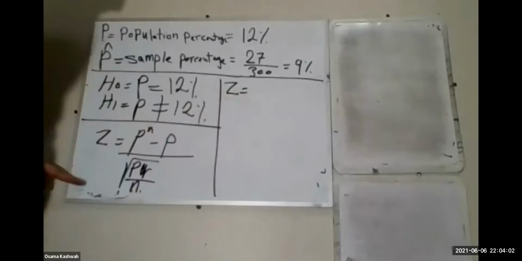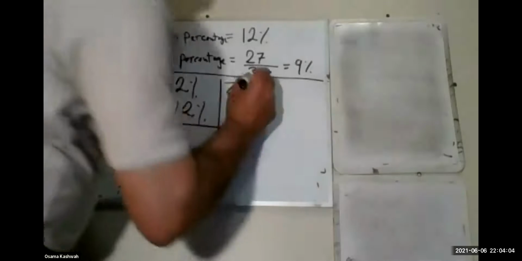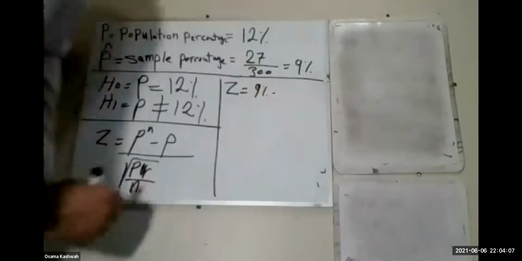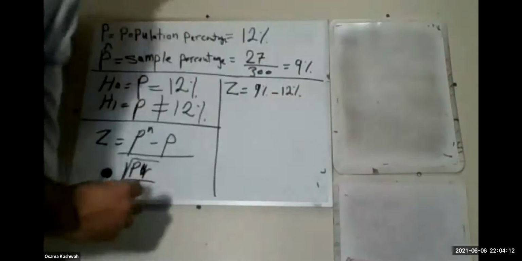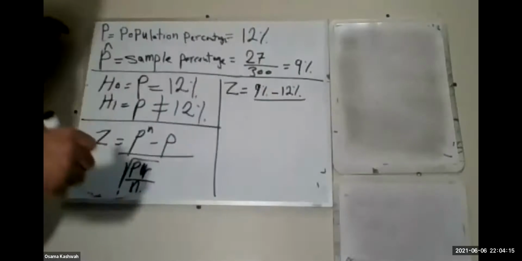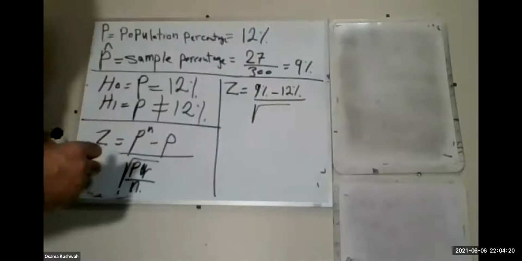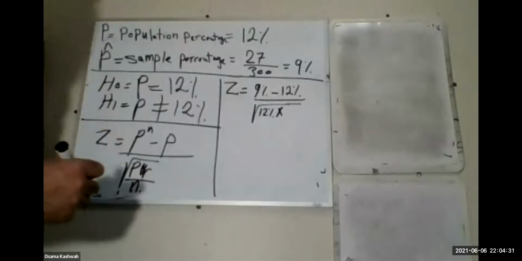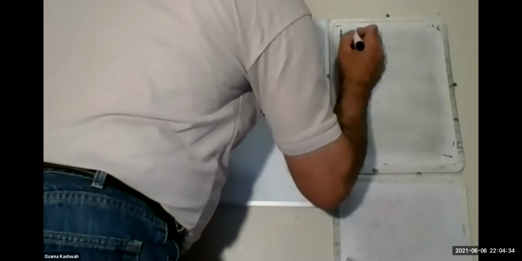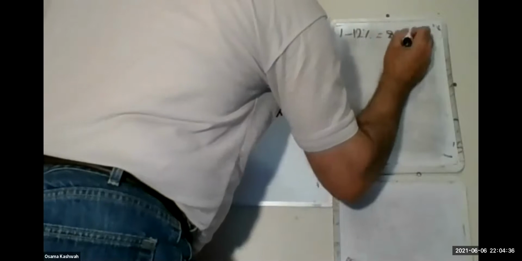So let us substitute for this. Z will equal P hat, which is 9%, minus P, the population percentage, 12%, divided by the square root of P times Q. P is 12%, and Q is 1 minus P, so 1 minus 12% equals 88%.